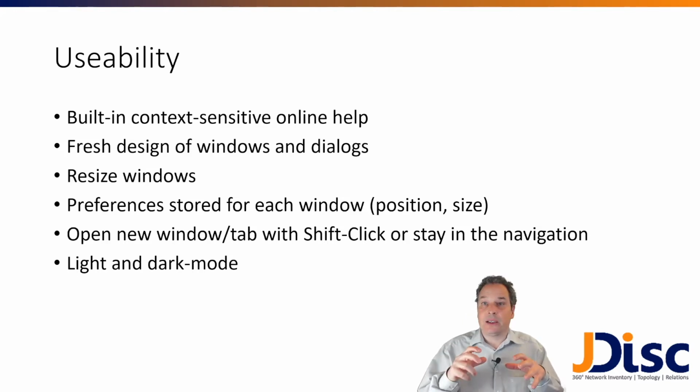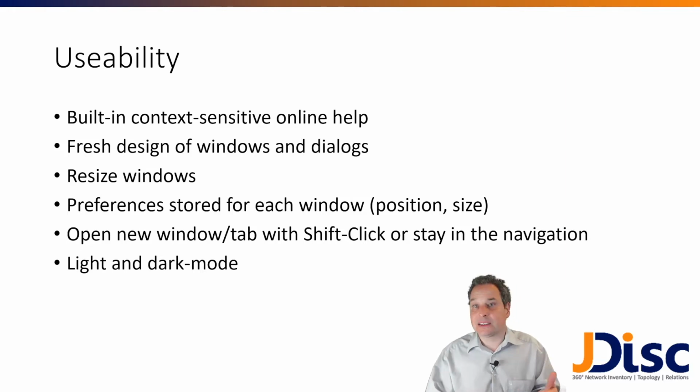You can define preferences for each screen, and these are stored for each screen regarding position and size. So let's say if you need that dialog a bit larger or in a different position, that is possible, and it's remembered immediately without having to store it explicitly.